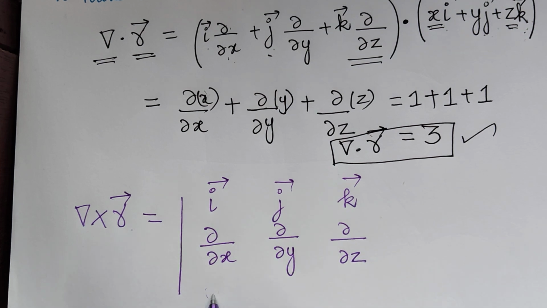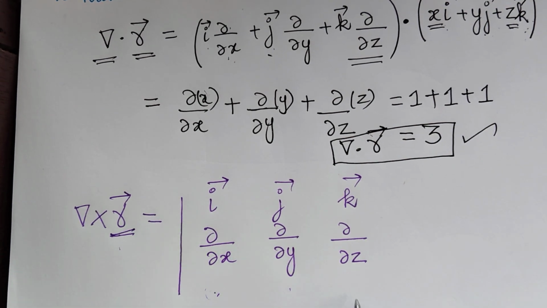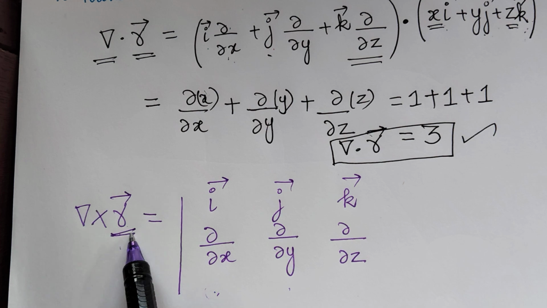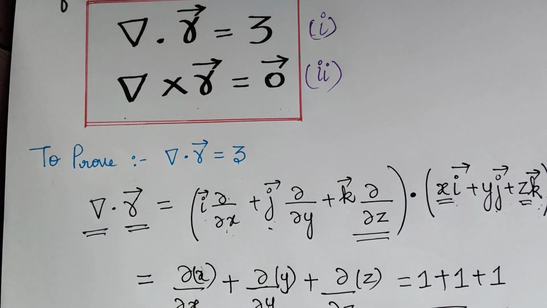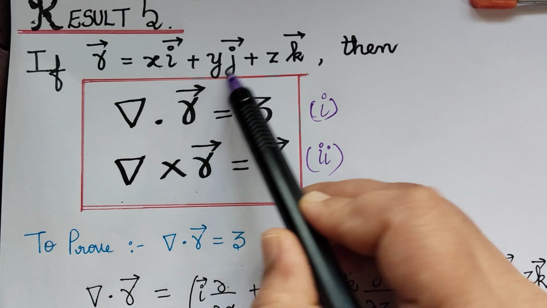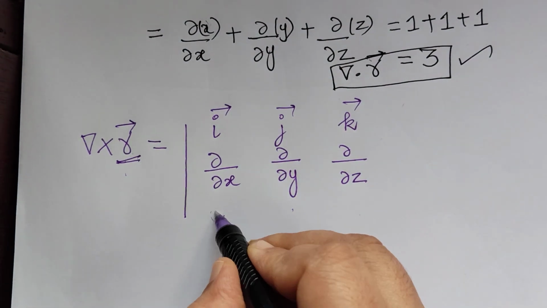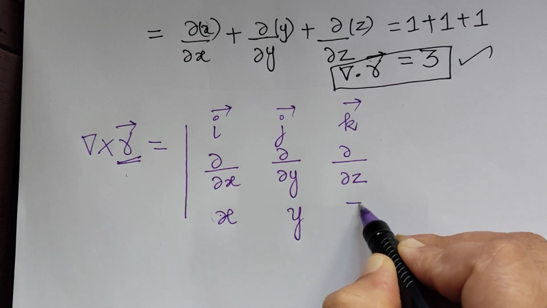And here we will be having the ith component of r vector, here the jth component of r vector and here the kth component of r vector. We know that the ith component is x, the jth component is y and the kth component is z. So we shall write that here: x, y and z.